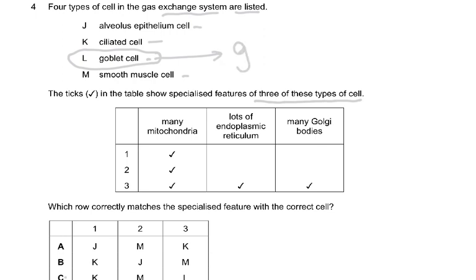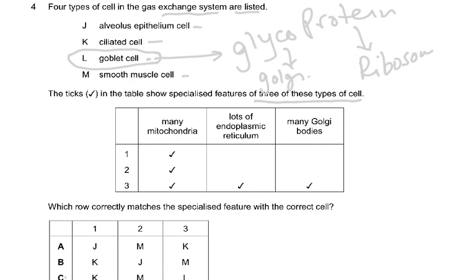Because they produce mucus, which is a glycoprotein. And for the protein part, you need ribosomes. And for the carbohydrate part, you need the Golgi apparatus. And for protein synthesis, you need a lot of ATP, so you need a lot of mitochondria.